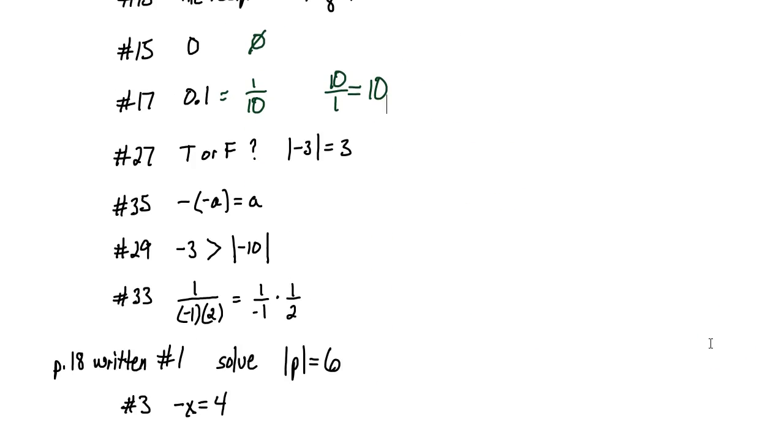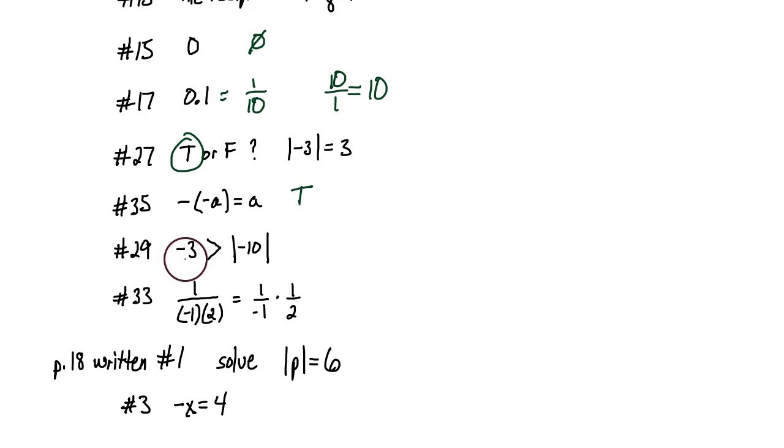Number 27 is a true or false question. The absolute value of negative 3 equals positive 3. That's true. The absolute value of a negative number is a positive. Number 35, is the negative of negative a equal to a regular a? That's true.